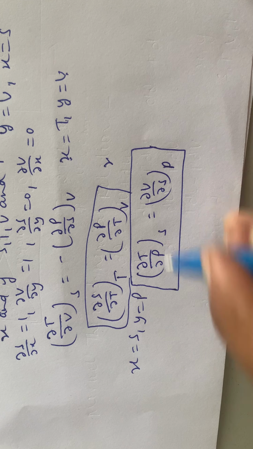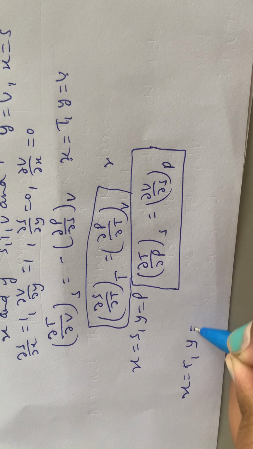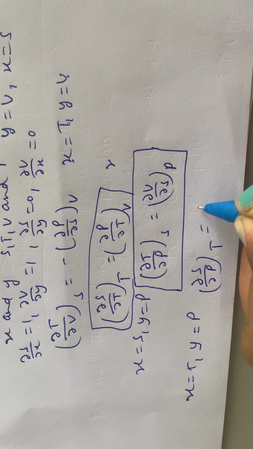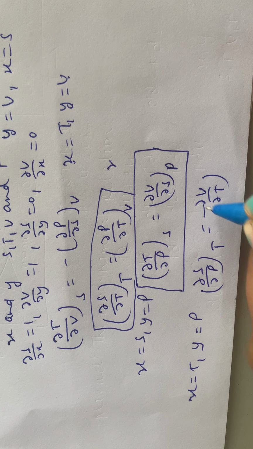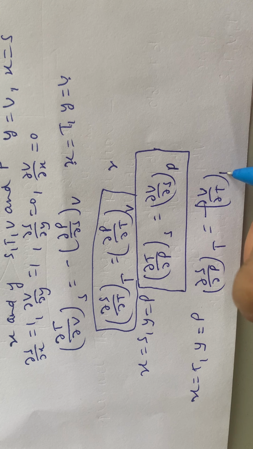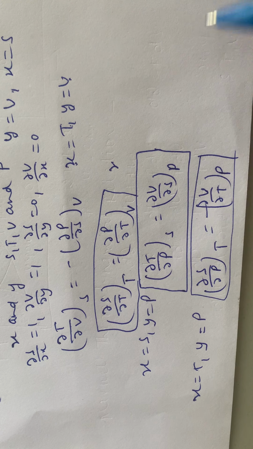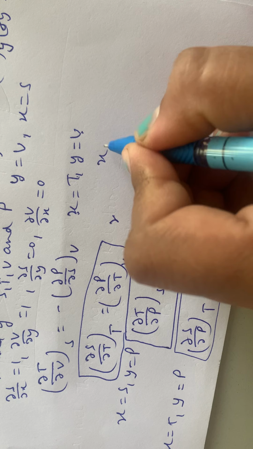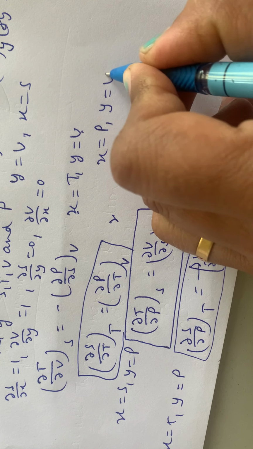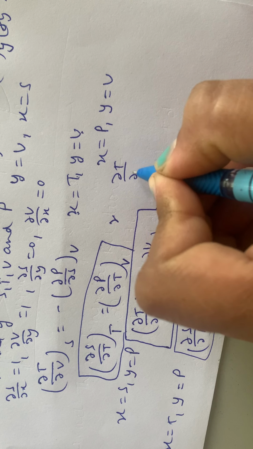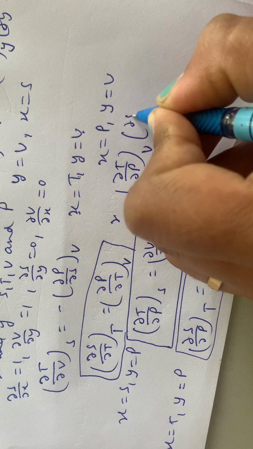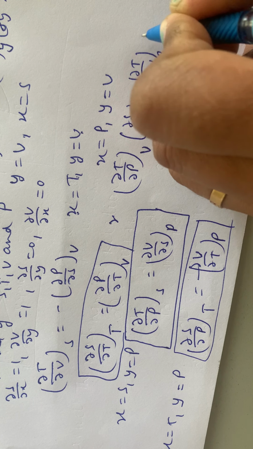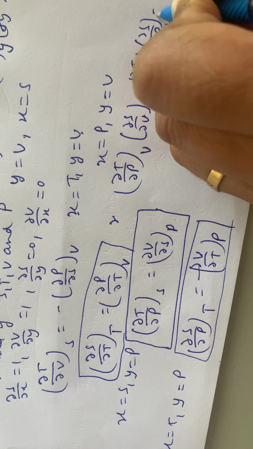Now if we put X equals T, Y equals P, we have ∂S/∂P at T equals minus ∂V/∂T at P. If we put X equals P and Y equals V, we have ∂T/∂P at V, ∂S/∂V at P, ∂T/∂V at P, and ∂S/∂P at V equals 1.